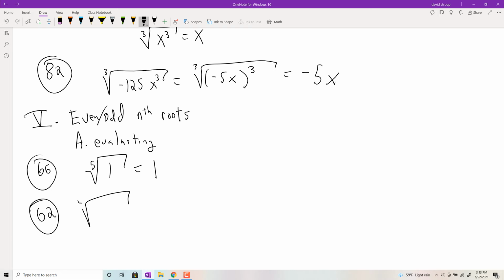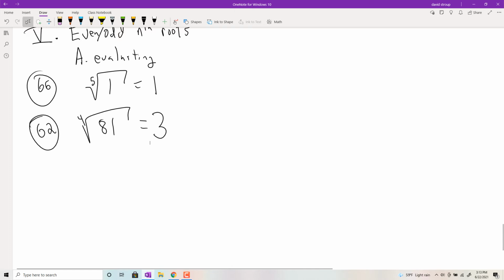Here we have the 4th root of 81. So 3 times 3 is 9, times 3 is 27, times 3 is 81. So you got 3. Sometimes you have to play around with it a little bit to figure it out. Of course, your calculators can do it, but in the beginning, you want to work with doing it by hand.